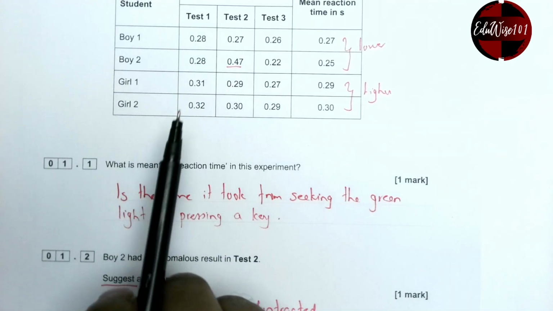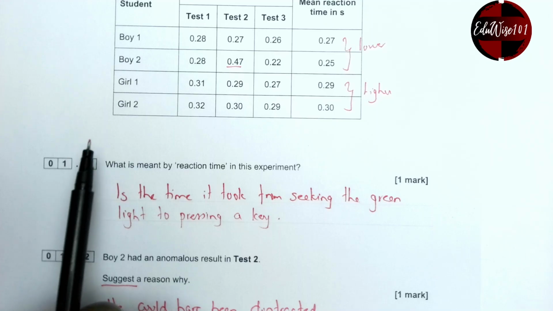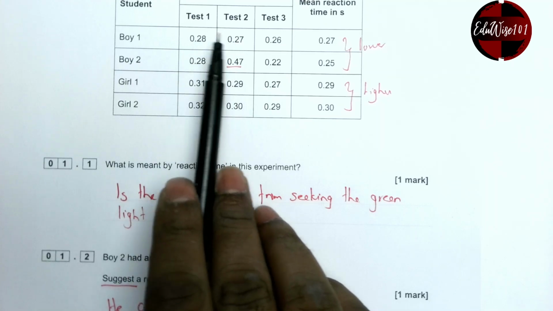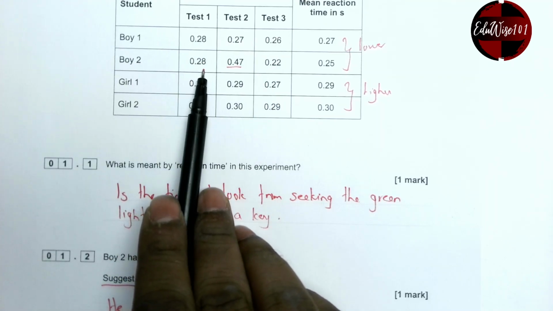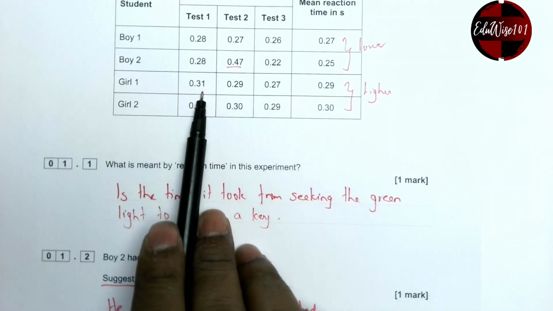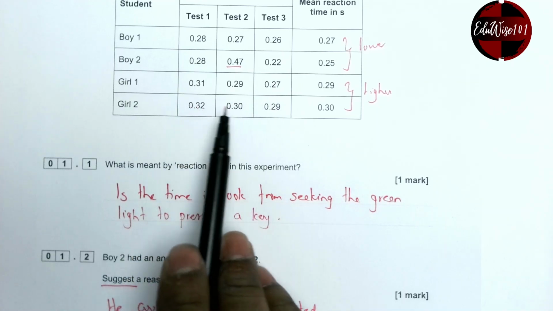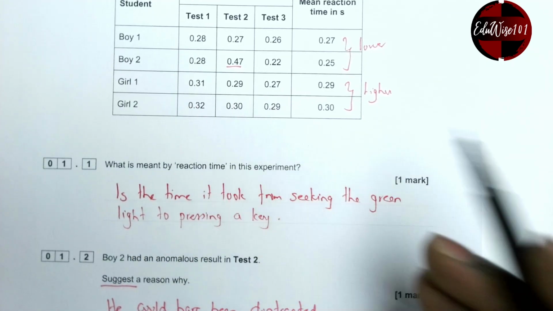And if you look at the individual reaction times, 0.28, 0.27, 0.26, so it seems to be improving. 0.28, 0.22, 0.31, 0.29 and 0.27. So in every case, the reaction time is also improving.